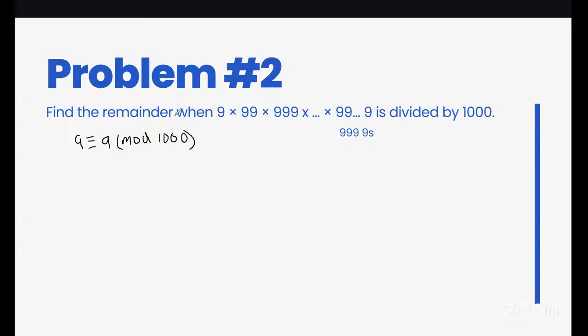And then you would continue on for 99. And so this would just be 99 mod 1,000.